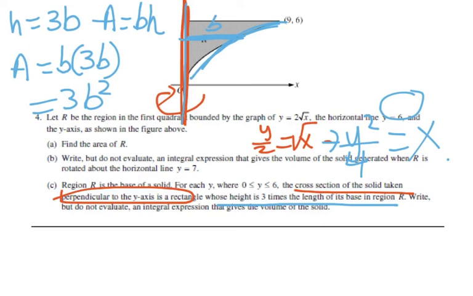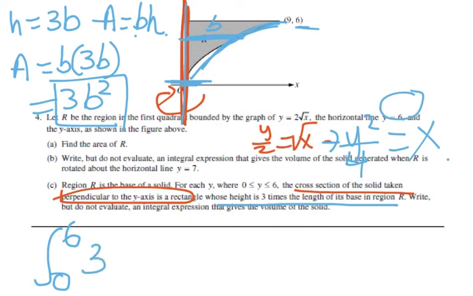Now we look at y. The y goes from 0 to the highest y, which is 6. The area of a rectangle is base times height, but we changed it to 3 times b squared.